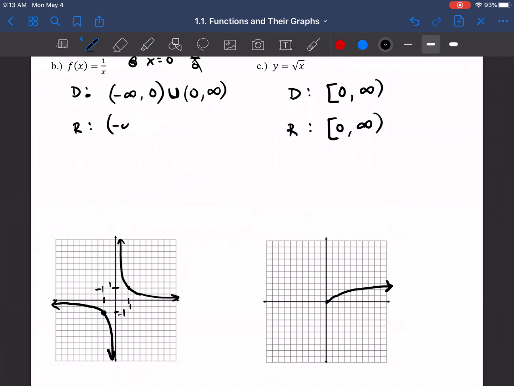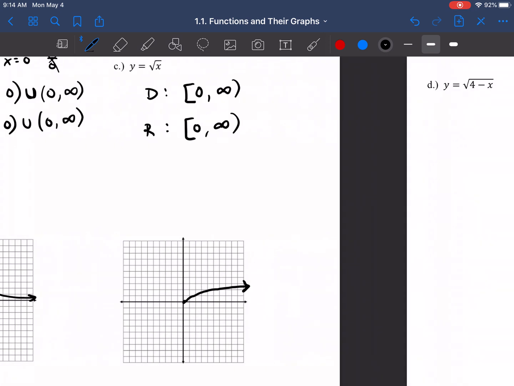We can go from negative infinity up to 0, but not include 0. And then union, we can go from 0 up to infinity. So the range is the same as the domain in this case. And so that's a couple of examples where the domain and range were the same as each other.